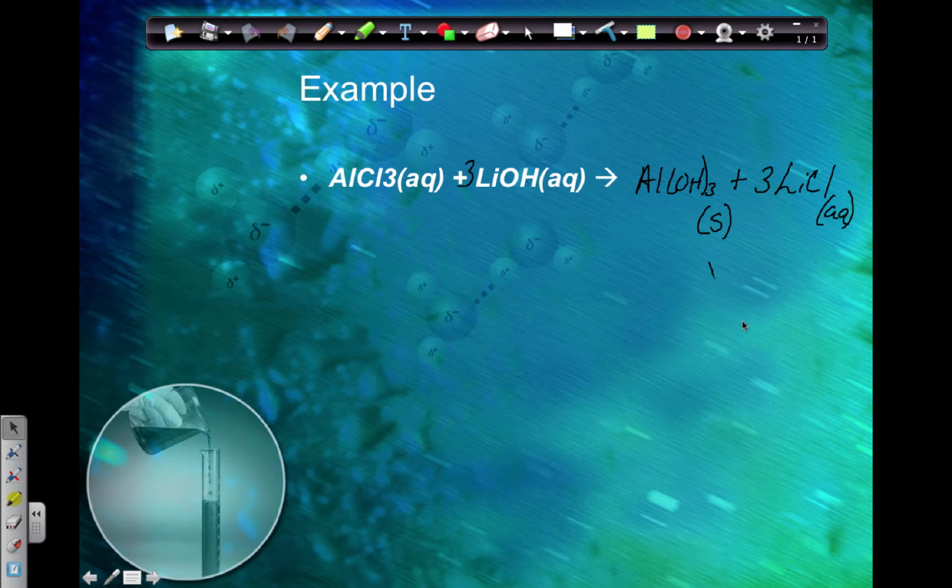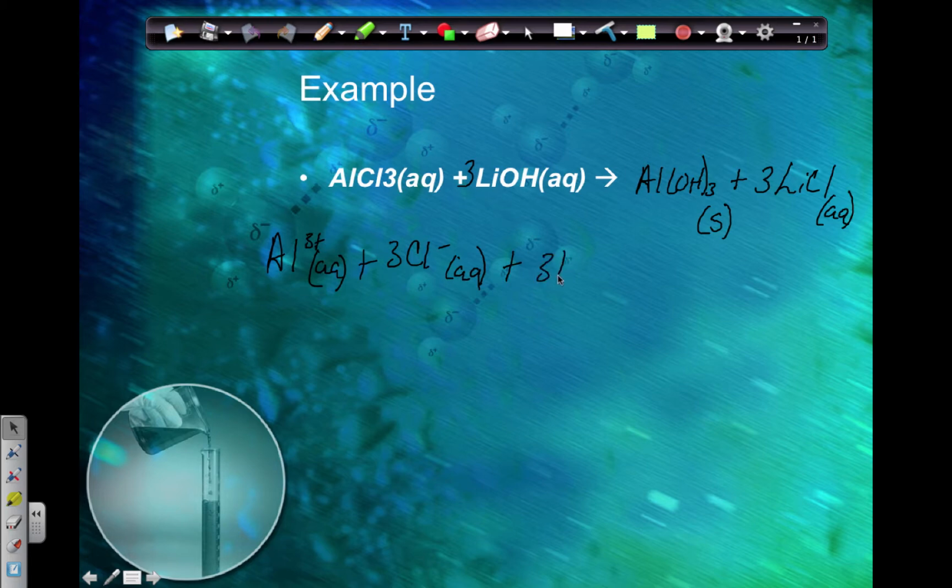And let's do that really quick, and then make the net ionic reaction that way. So aluminum chloride, it's aqueous, so I'm going to pull it apart. Aluminum's plus 3. Chloride, it would be this. There's 3 of them. Make sure that you put that there.